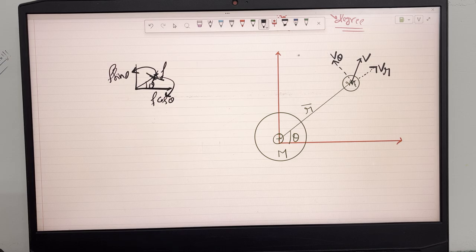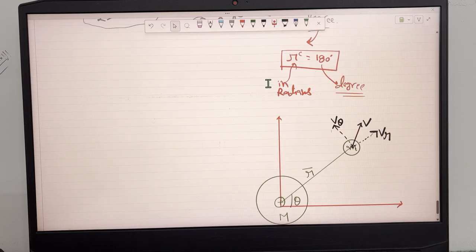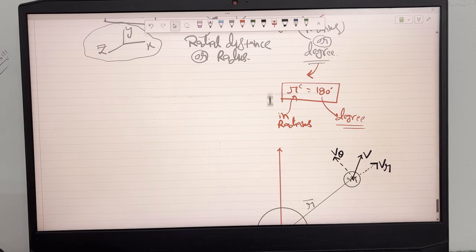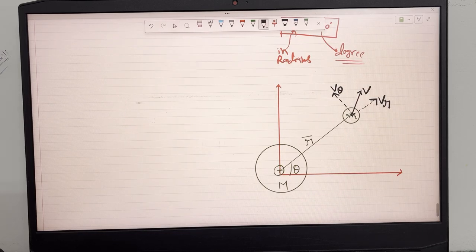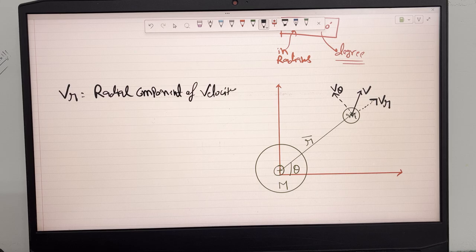Let me tell you what this V r and V theta are. This V r is your radial component of velocity, or you can say the radial velocity.